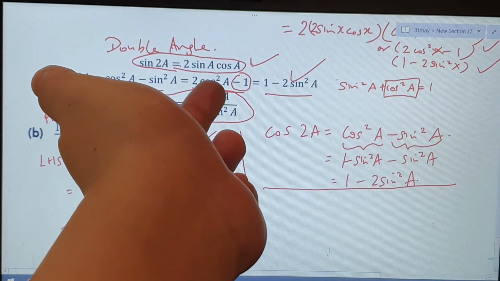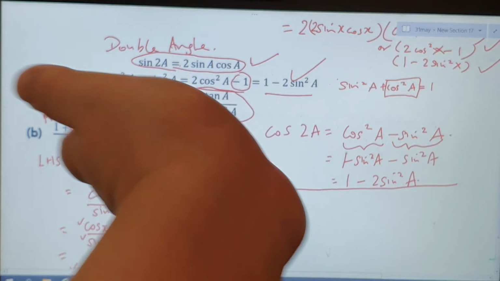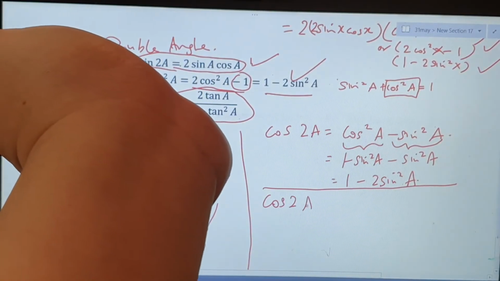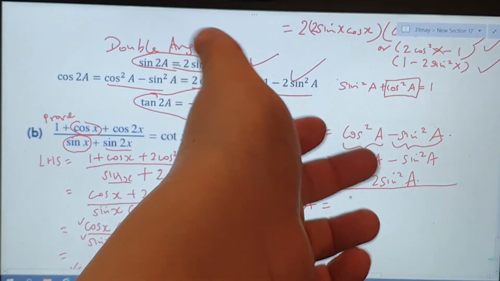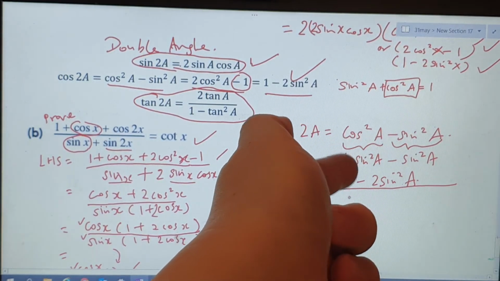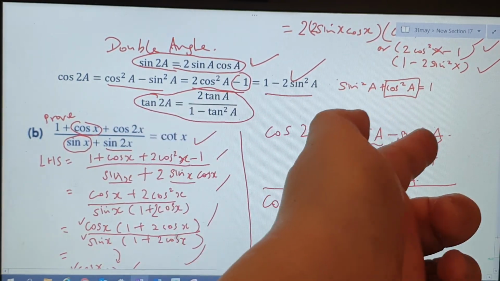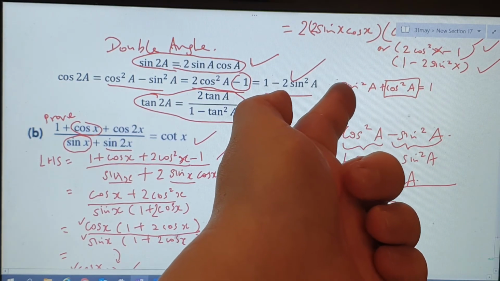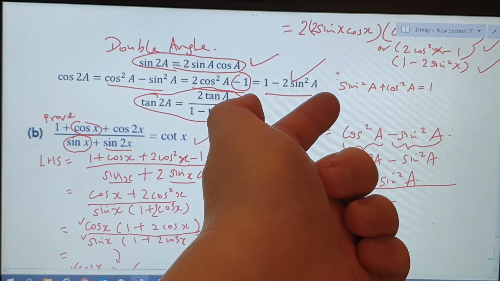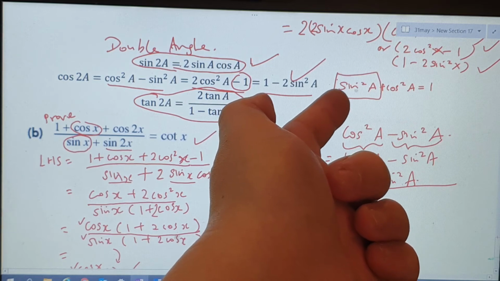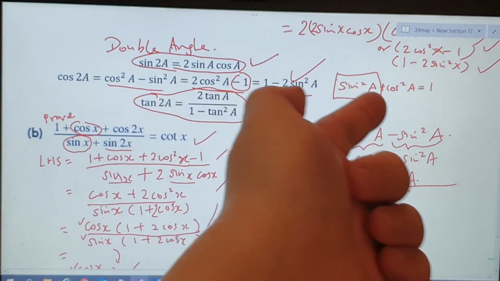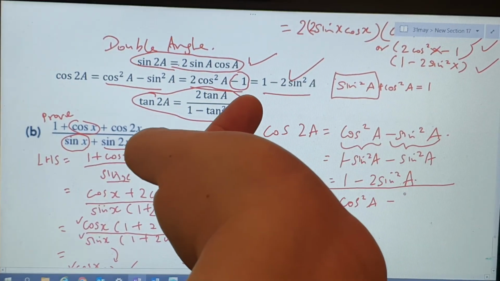Then you ask me, how I get this? Very simple. Mathematics is all about pattern. Just now we changed cos square A. Now we don't change cos square A, now we change sine square A. So now I make this fella the subject. If this fella is the subject, then this fella will be equals to 1, must put bracket.